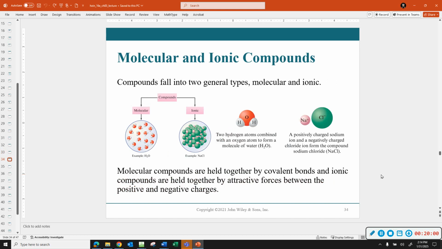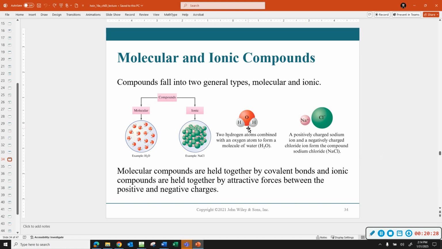There are distinct differences between molecular and ionic compounds. The biggest one is that molecular compounds are held together by covalent bonds, and ionic compounds are held together by attractive forces of negative and positive, called cations and anions. So here you see the picture of Na plus, Cl negative. You've got a positive being attracted to a negative, kind of like a magnet, to form a compound.